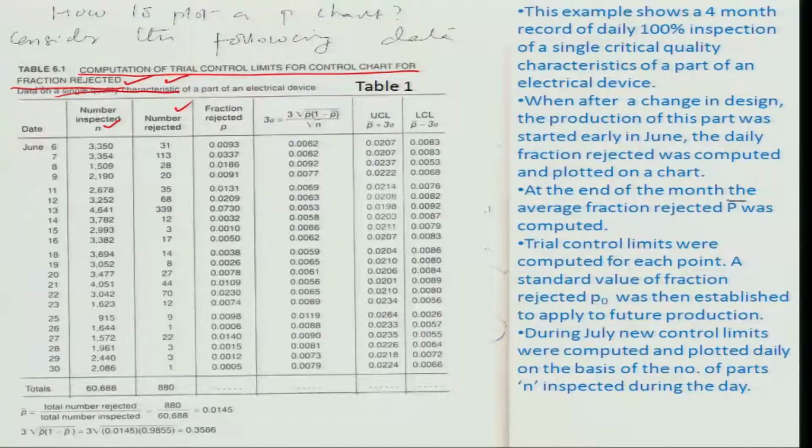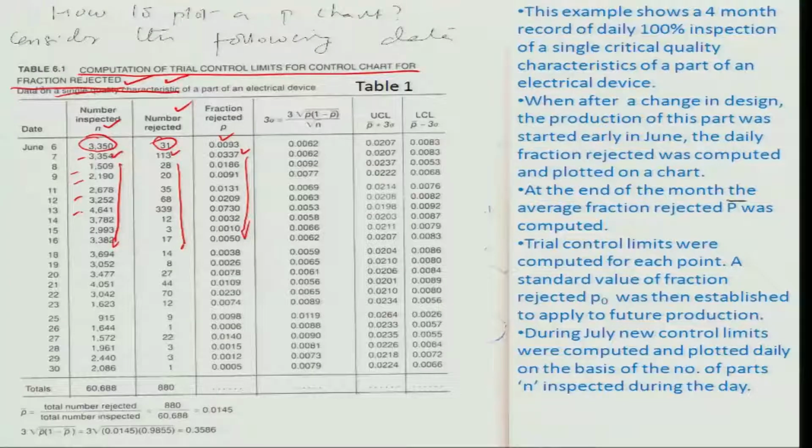You can see that on 6th June about 3350 items were inspected, out of which 31 were rejected. So, the fraction rejected came out to be about 0.93%. Similarly, on June 7th it was 3354, number rejected is about 113, fraction rejected is 3.37%, and so forth. So, this shows on a daily basis the number of items inspected, and you can see that the subgroup size of the inspected numbers is quite variant.